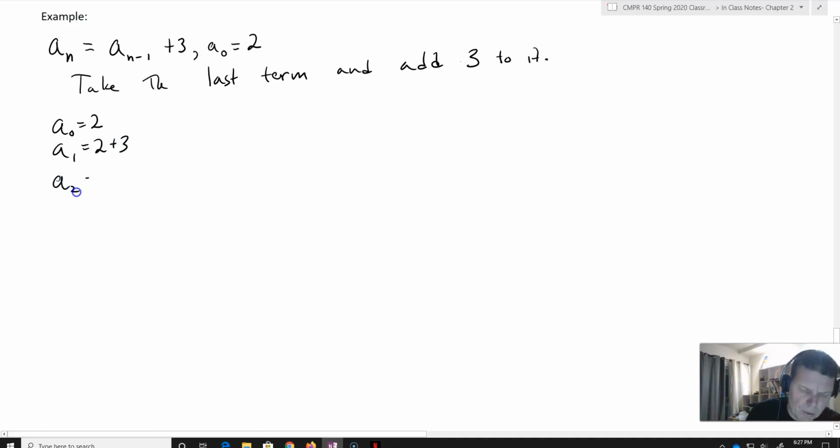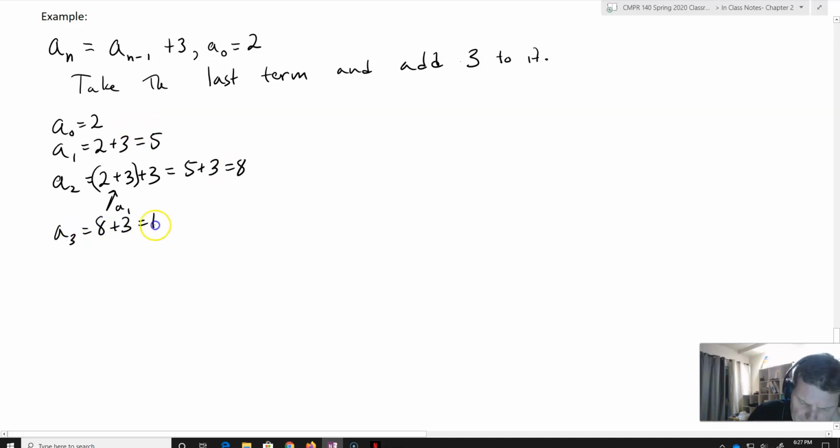And then a_2 will equal 2 plus 3 plus 3, because this was a_1. In other words, that's 5 plus 3, which equals 8. So we have 2, 5, 8. a_3 is then going to be 8 plus 3, which equals 11. And so on and so on and so forth.